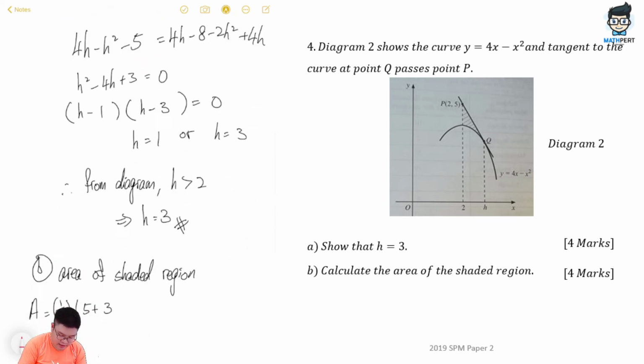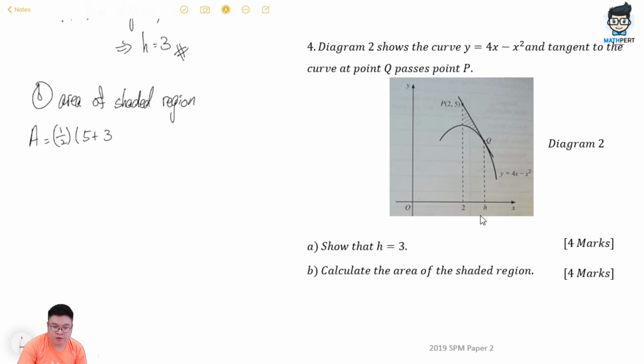So I know that the length from the x-axis to point Q is 3. So 5 plus 3. And then what will be the height? The height is from 2 to h. Since h is equal to 3, this is 1.